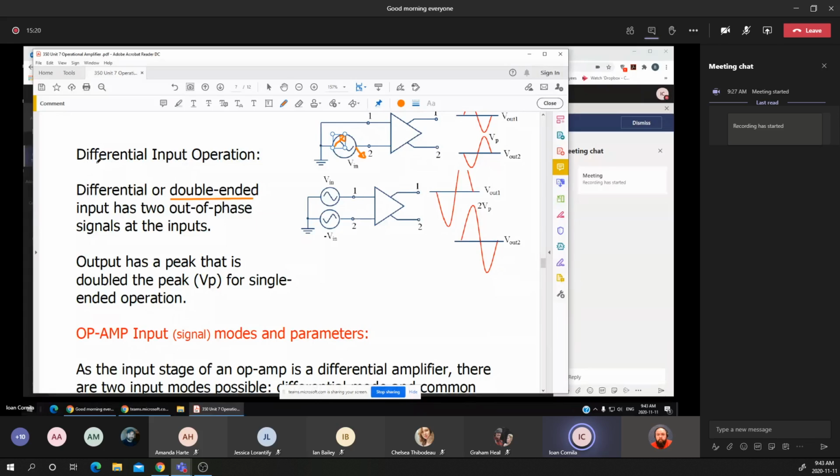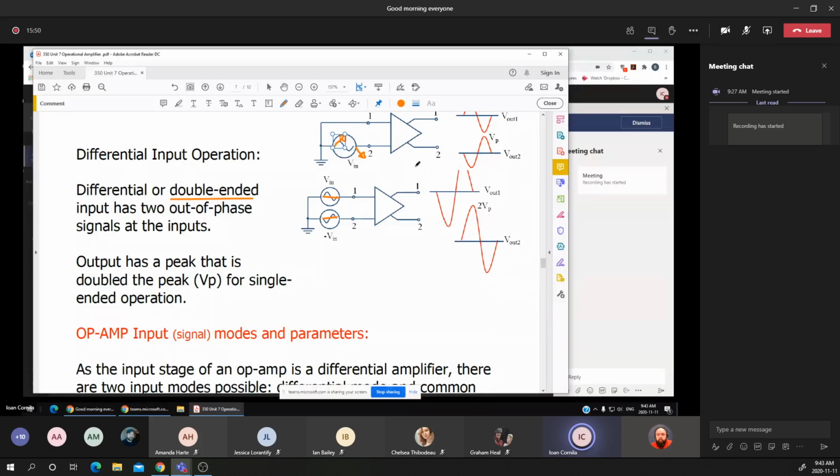Remember that it's a differential amplifier. What an amplifier does, it will amplify the difference between the two input voltages. But you notice that one is positive and the other one is negative for the first half of the period of the input signals. Means that the output 1 will be twice the VP.